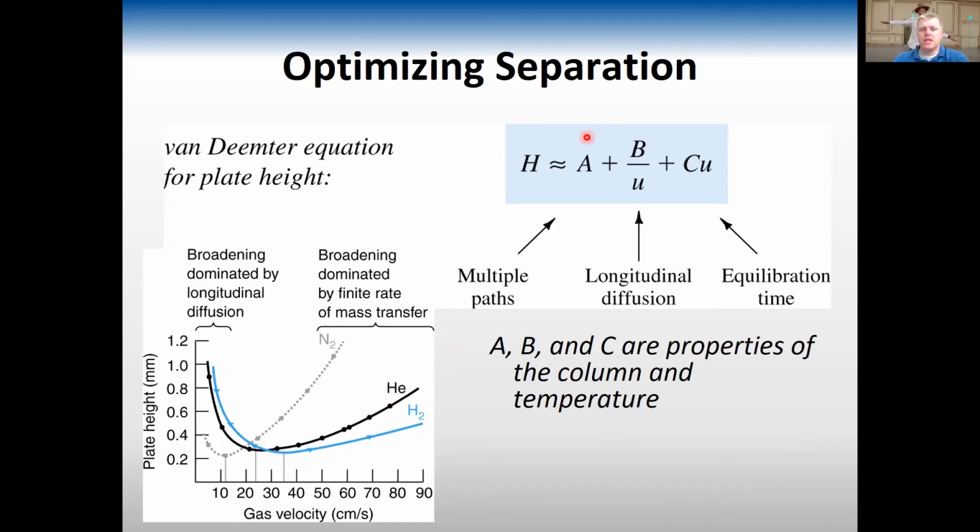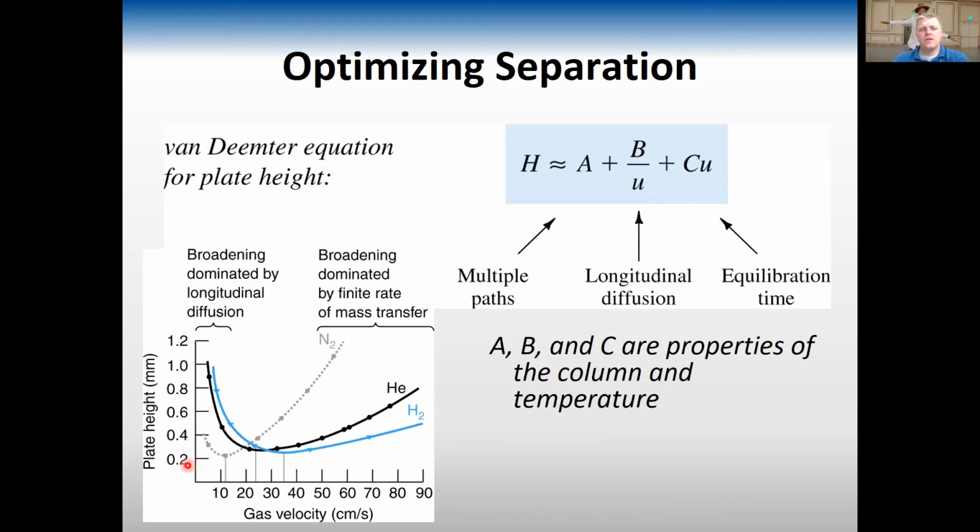Well, basically what we're doing is combining three equations here, right? This A term, its contribution to the shape of these lines is a constant. So it's just some value that's constant down here. So we're basically adding a straight line to a 1 over x line, which is just an exponential decrease like that. And then this finite mass transfer term is just a linear equation.